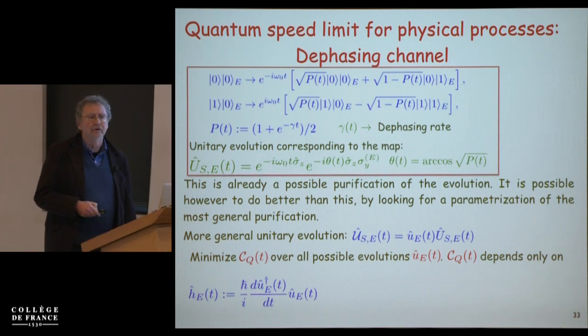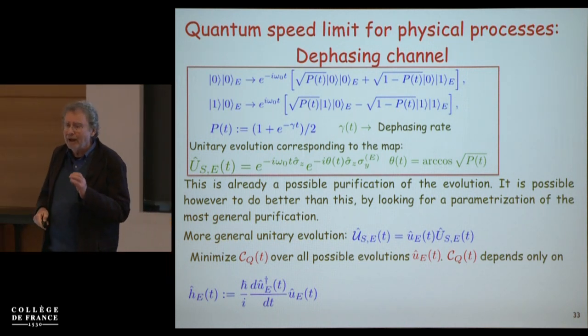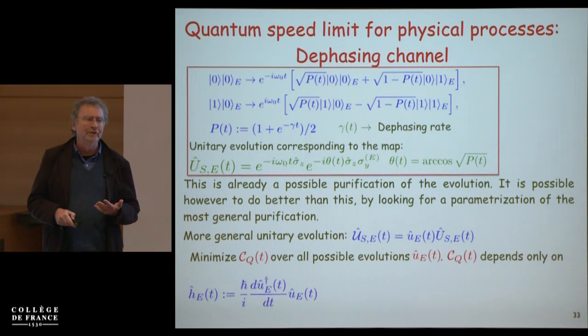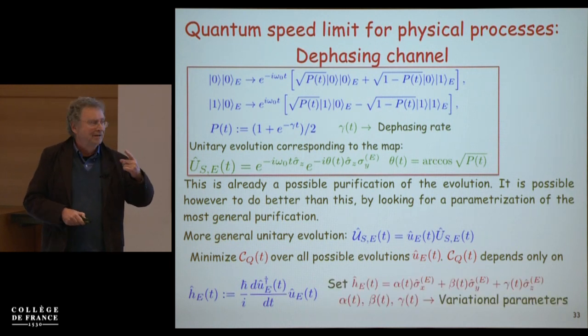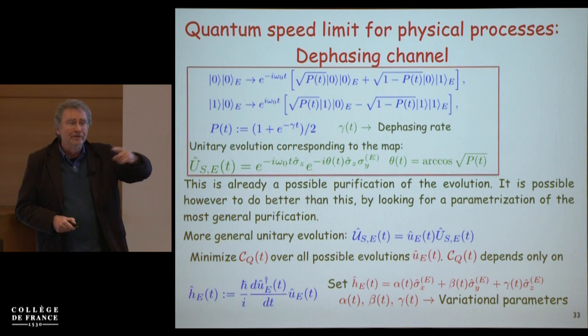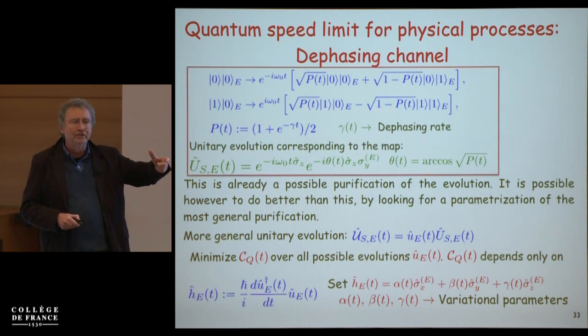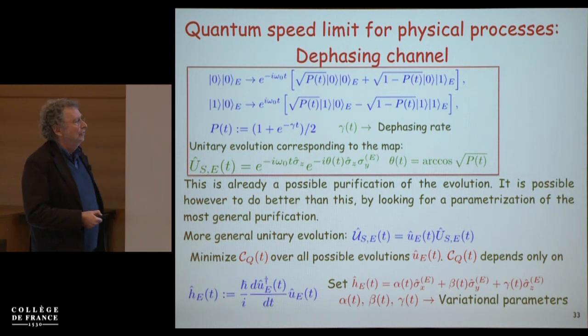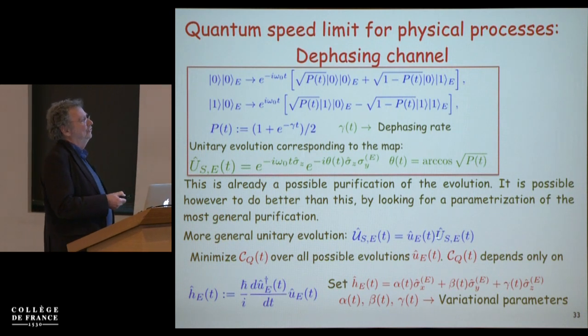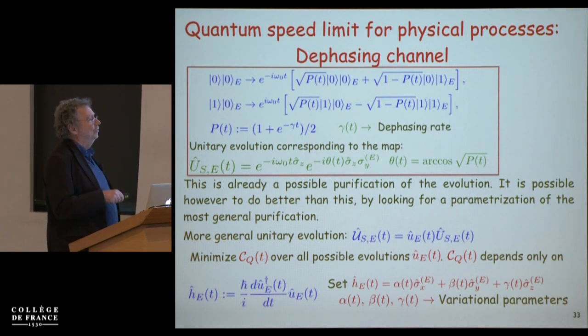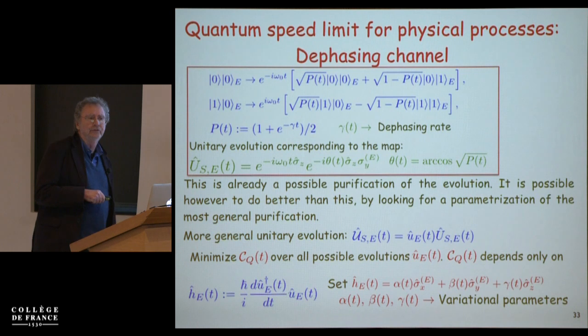Now, this is a nice example, because we can actually write down the most general transformation we can do. After all, we are dealing with a simple spin. And so the environment is like a simple spin, because only two states of the environment are populated, the 0 and 1. So the most general Hamiltonian we can write down, most general generator of this evolution, is a combination of Pauli matrices.